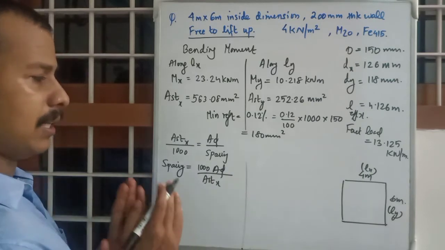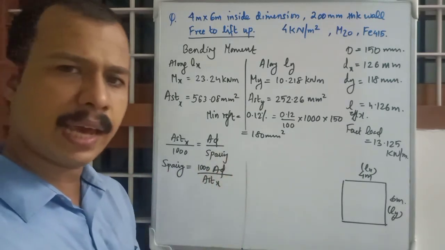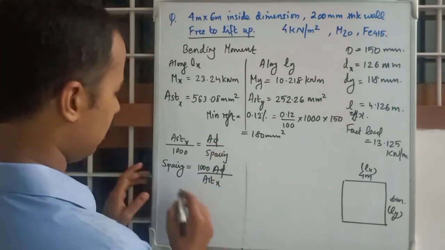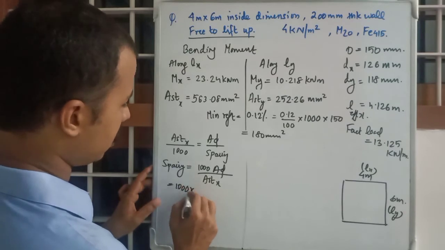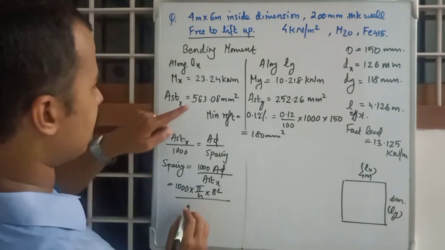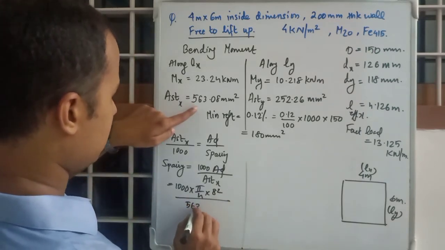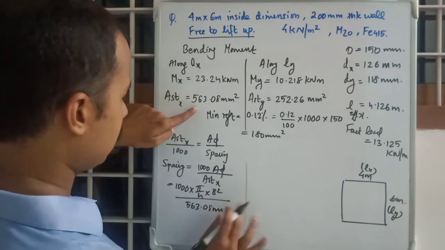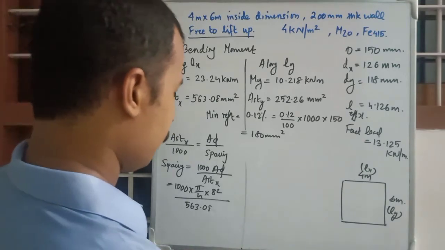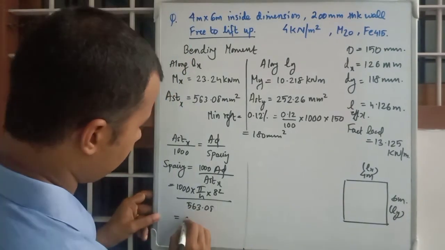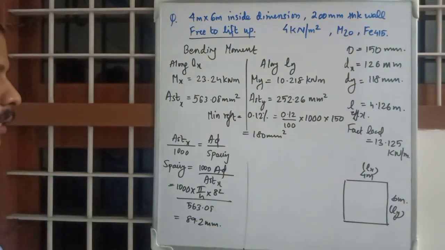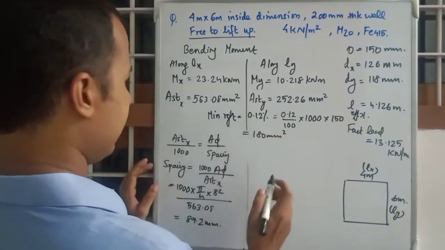Ast is the same for both. We have assumed an 8 mm diameter bar. So 1000 into pi by 4 into 8 squared divided by Astx, which is 563.08. Okay, so you'll get the spacing as 89.2 mm.